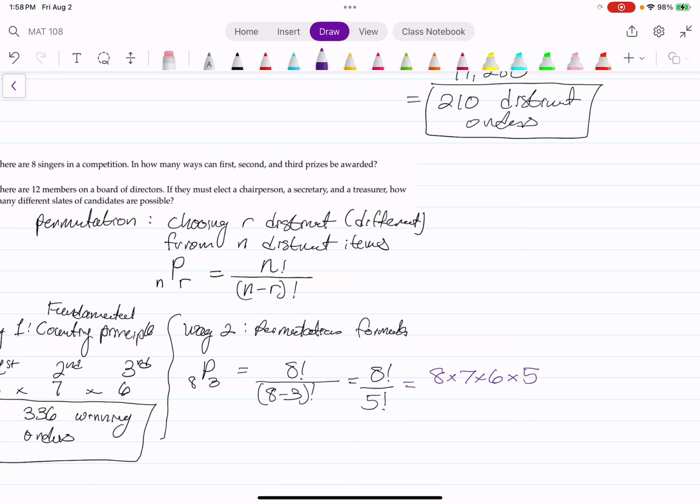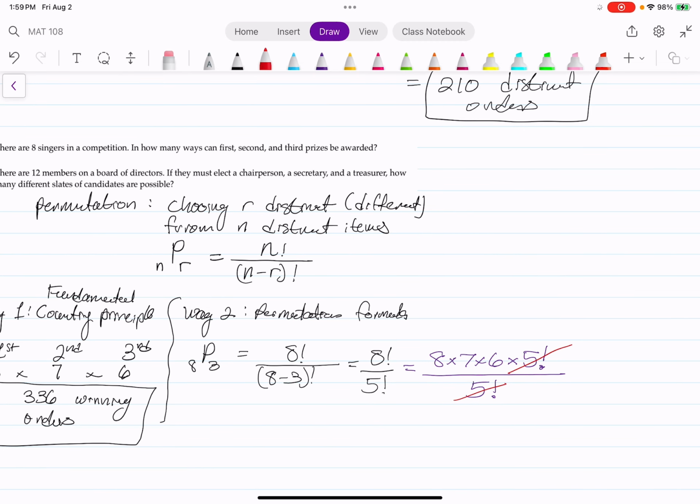I want to stop at 5 factorial, and the reason is that there's a 5 factorial in my denominator, and because I am multiplying in my numerator and dividing by the denominator, I can simplify the 5 factorials. When you simplify in mathematics, you make that into the identity element, which is 1, because we're multiplying and dividing.